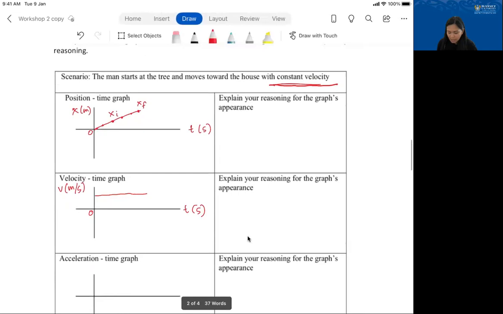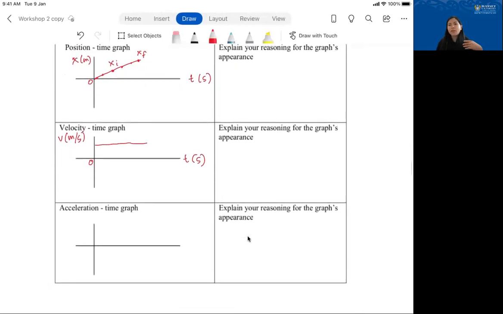Right, and then how would the acceleration time graph look? If your velocity is constant, what would be the acceleration for a constant velocity? Acceleration is the change in velocity over the time it took to make the change.